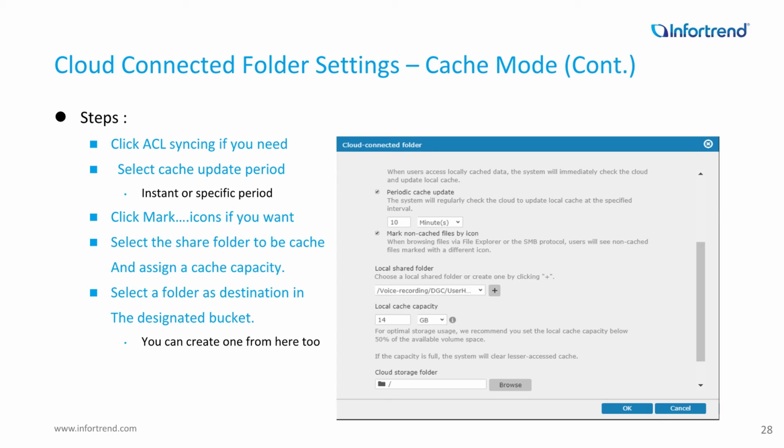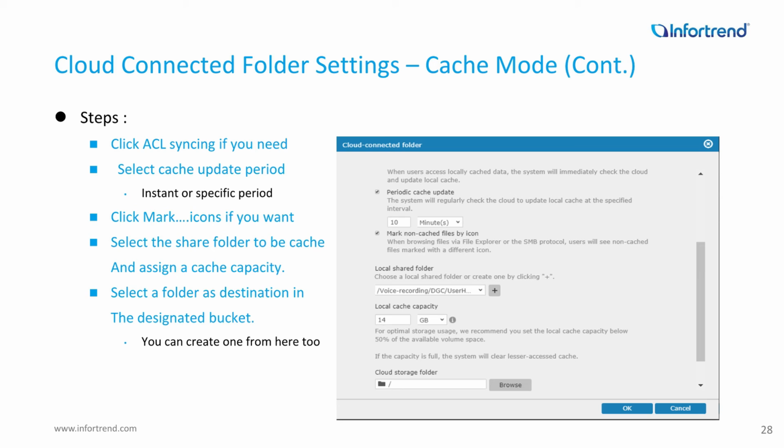When choosing cache mode, you have to configure the options one by one as shown in this screenshot. Click Sync to sync the file if needed. Click periodic cache update, then select the time to update the cache periodically, for example, every 10 minutes. Or you may choose instant update on demand.